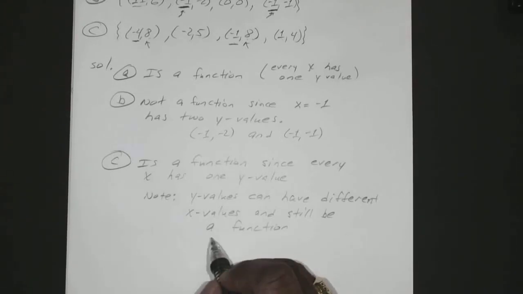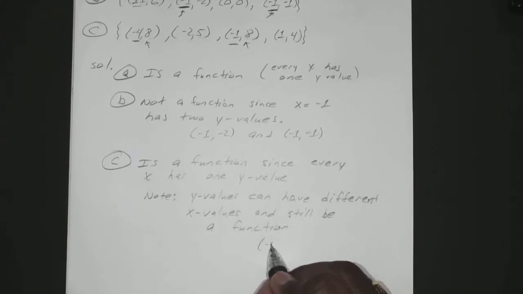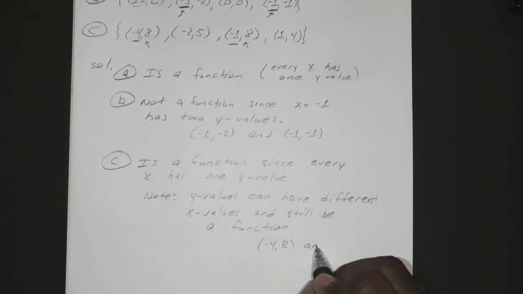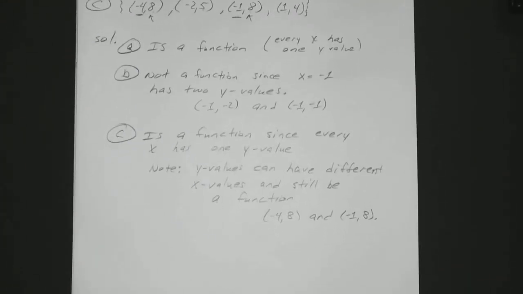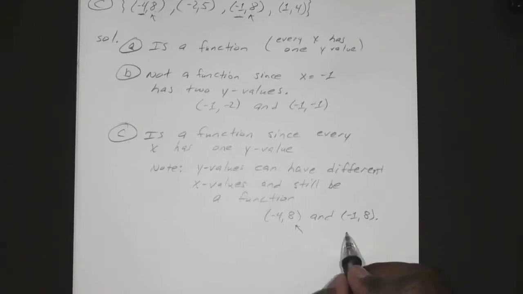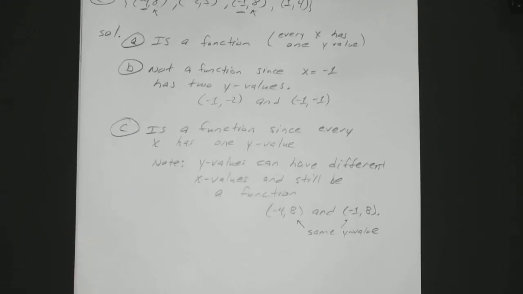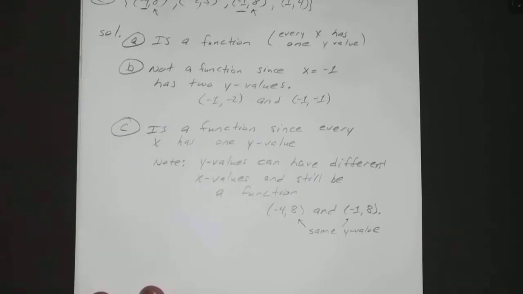Okay, and we'll just point out those two. So we have (-4, 8) and (-1, 8). That's kind of the definition of that. All right, so any questions on this one? Leave that up for a few more seconds.